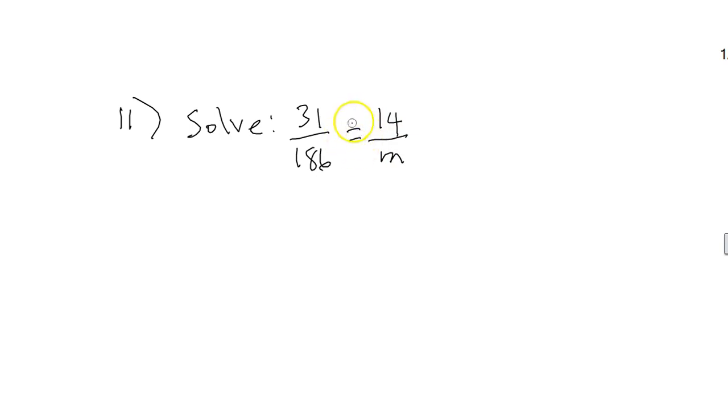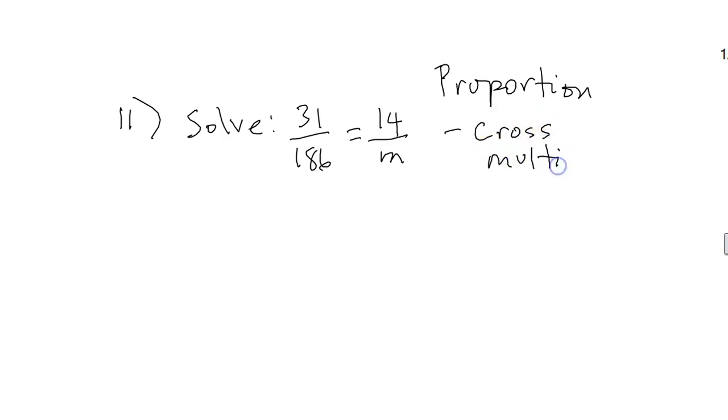And again, when there's an equal sign separating these two fractions, this is a proportion. This is what a proportion looks like. And so when you're going to solve for proportions, you always have to cross multiply. Cross multiply the numbers. Then the second step is then divide.